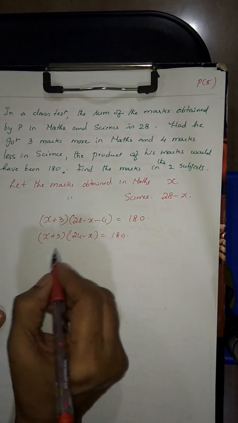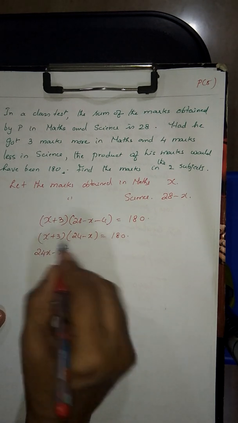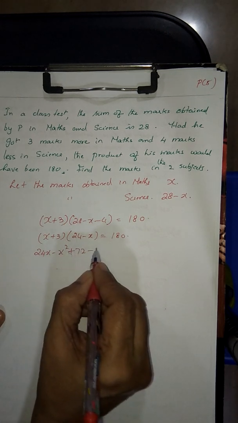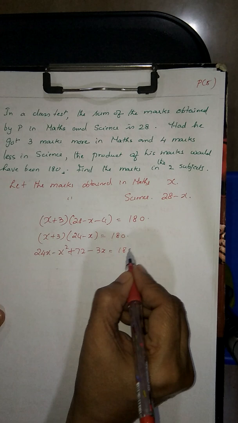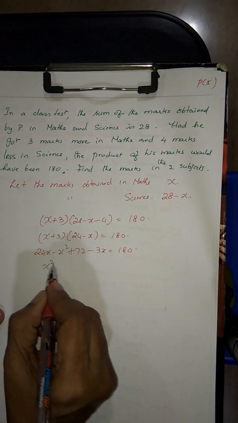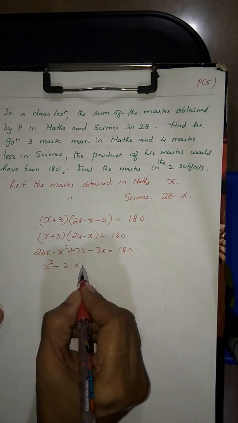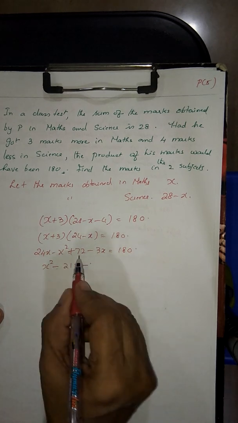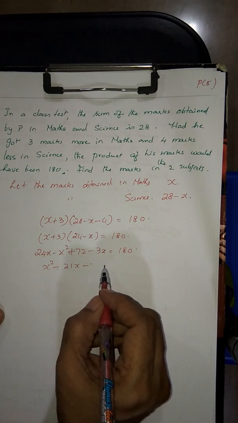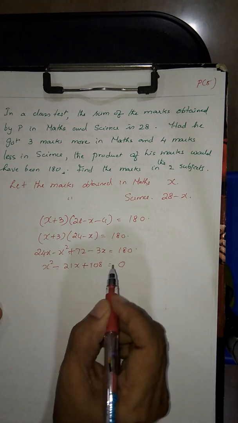So simplifying this, you get 24x minus x squared plus 72 minus 3x is equal to 180. So again simplifying this, you get x squared minus 21x, the 72 comes here, so it is minus 108, then it becomes plus 108 is equal to 0.